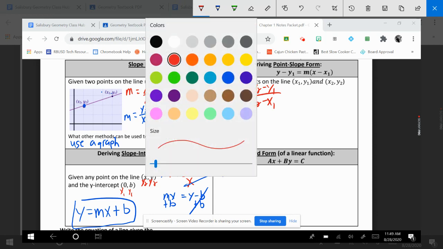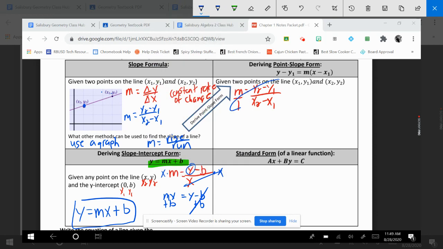And let's do a little bit of cross multiplying. So we're going to get y2 minus y1 equals m times x2 minus x1, which we're actually going to leave like this. It's a much simpler derivation.